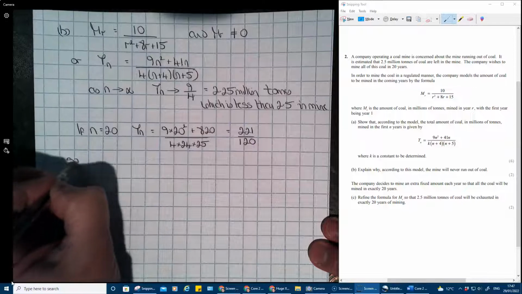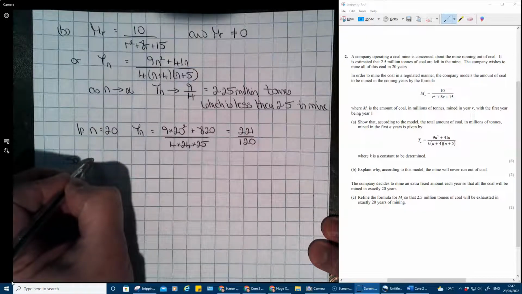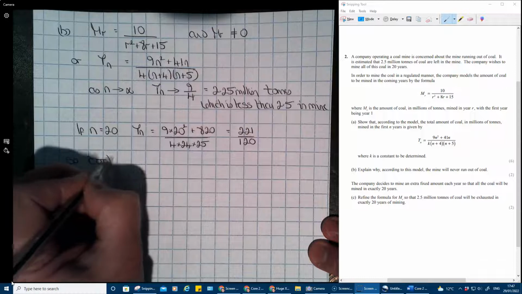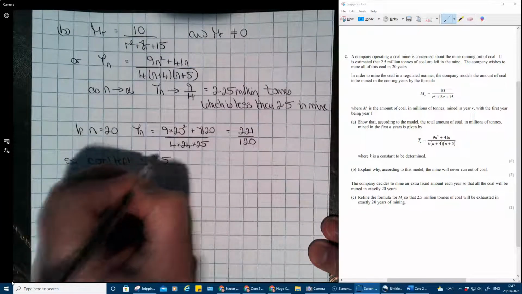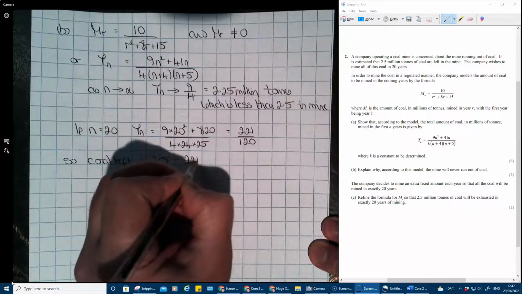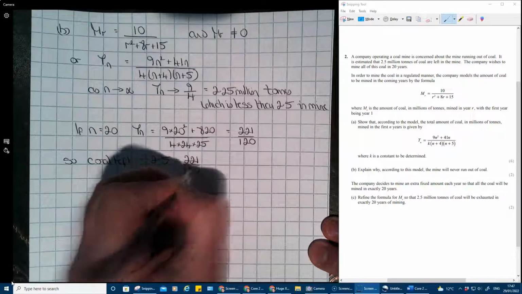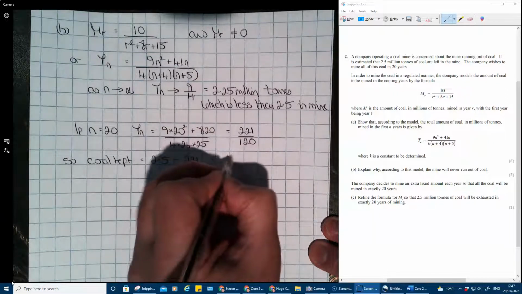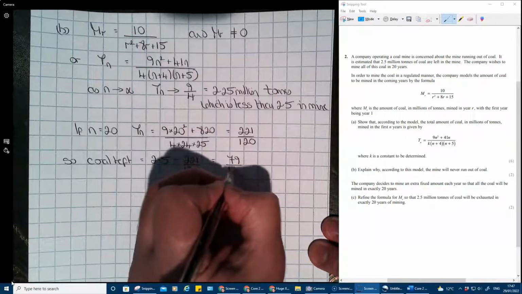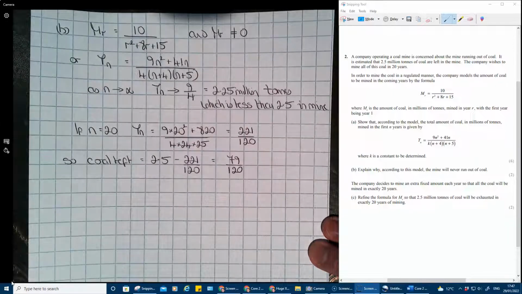So the coal left is 2.5 take away the amount mined, and that leaves us with 79 out of 120 million tons, and we're going to mine that.